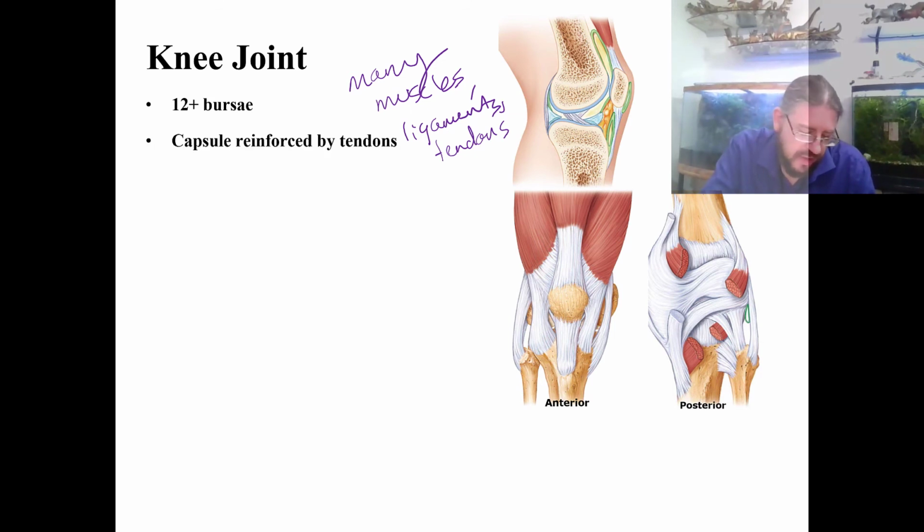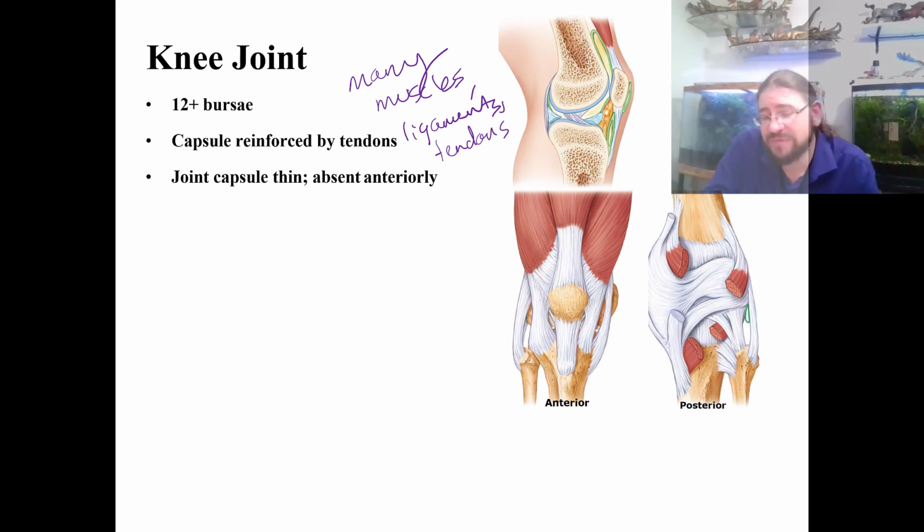Those tendons are there to help reinforce that joint capsule, right? That joint capsule is very thin, and it is actually basically absent anteriorly because of the presence of the kneecap.